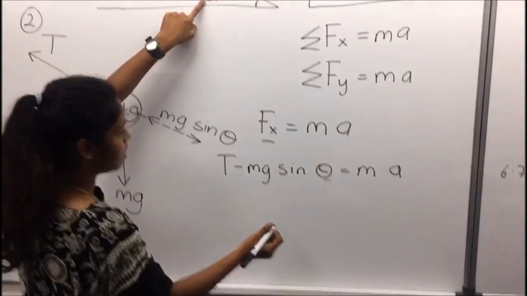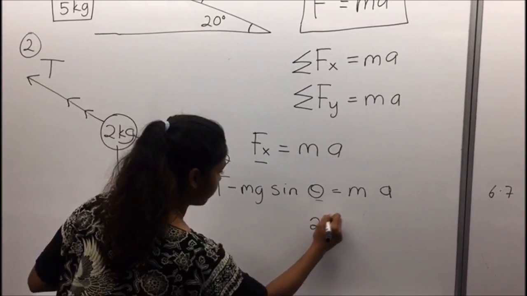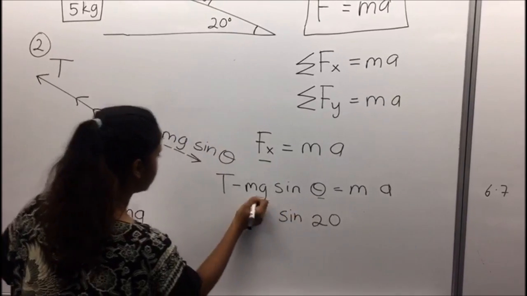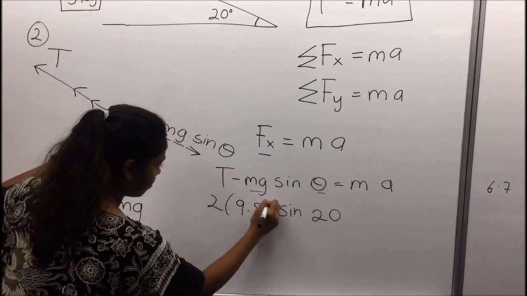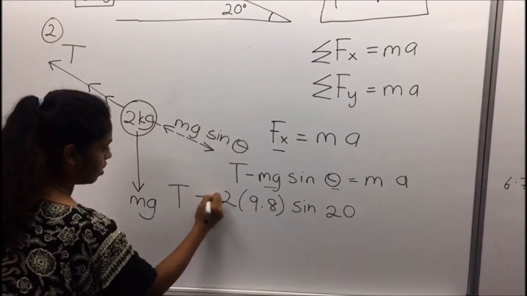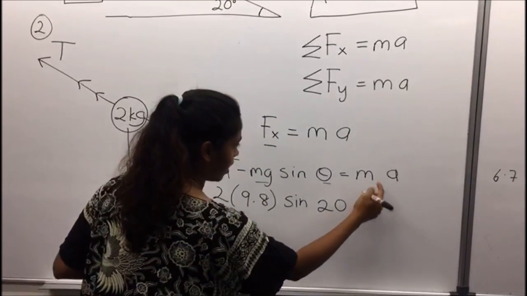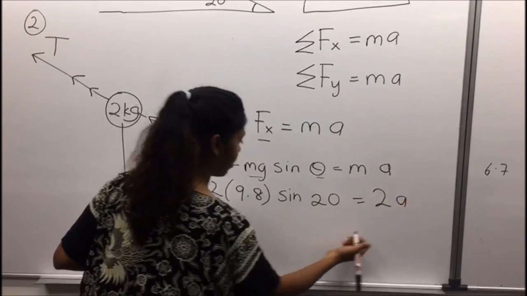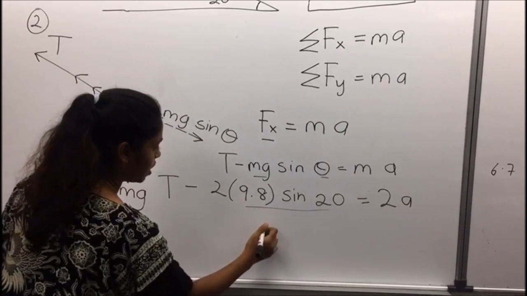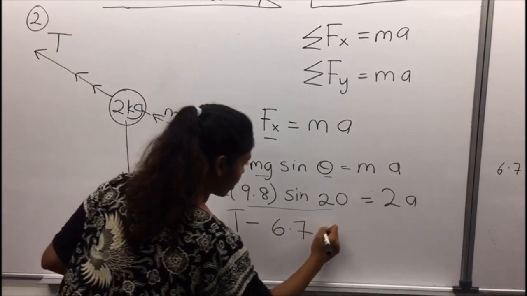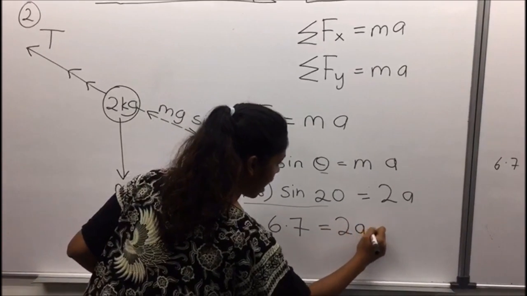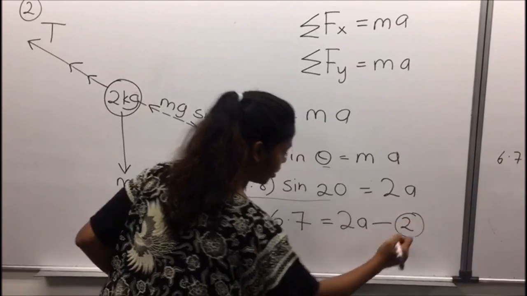Theta is 20 degrees from the question, and mg is 2 kilograms times 9.8. You have your T, and ma is 2a. This one will give you T minus 6.7 equals 2a, and this is our second equation.